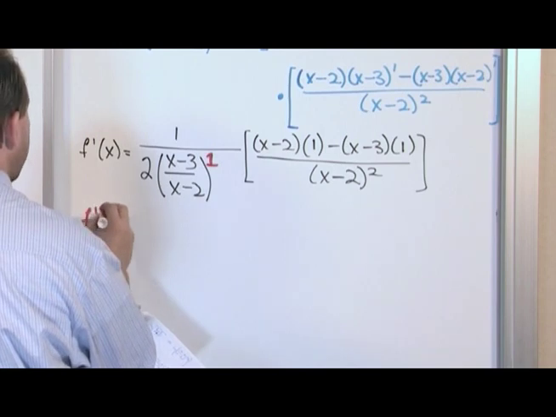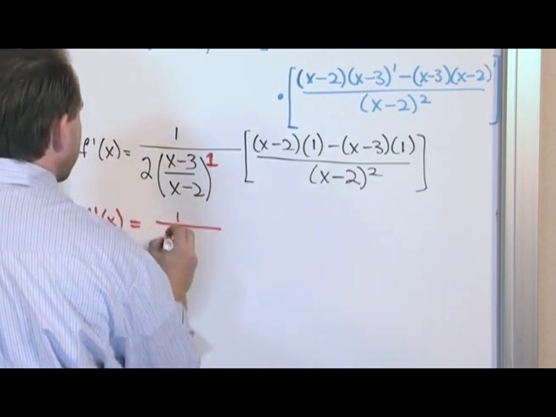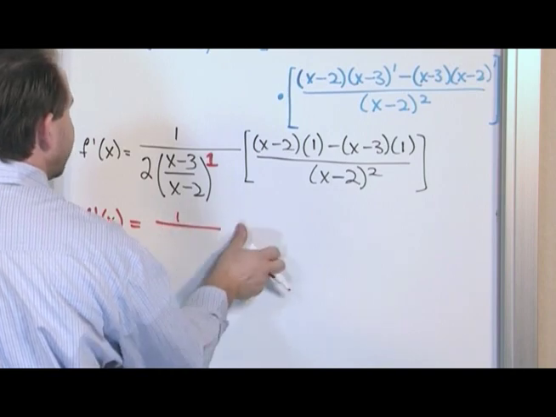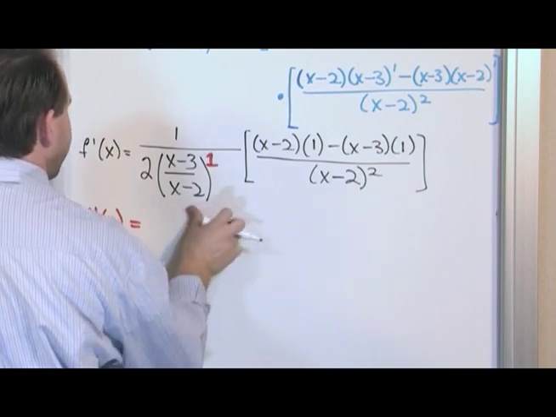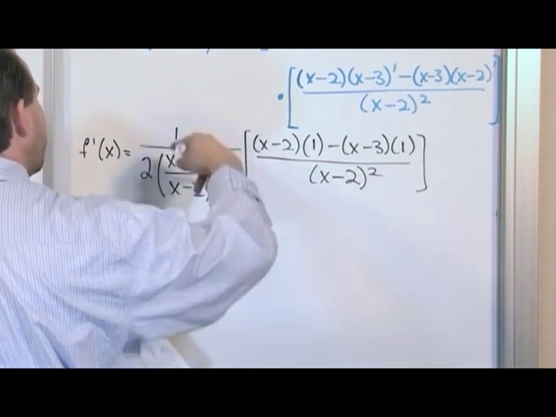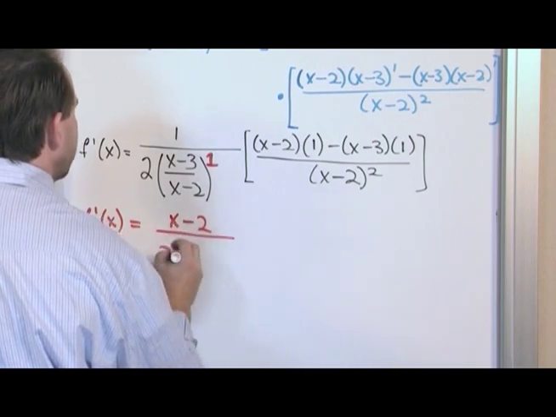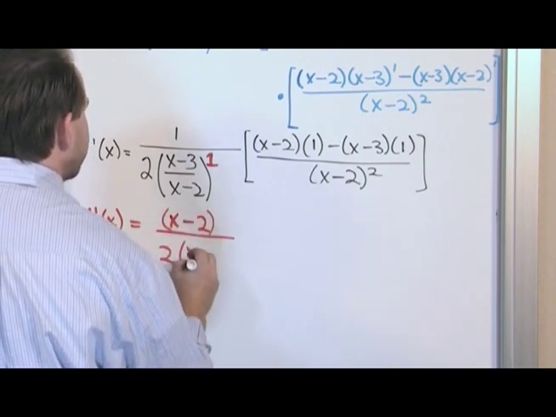So f prime of x, let's go ahead and do it this way. This is a 1 over this giant fraction, so let's flip it over and make it x minus 2 on the top and 2 times x minus 3.